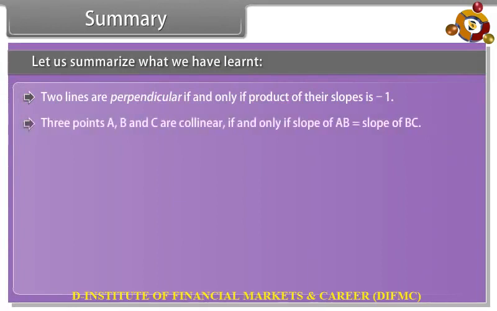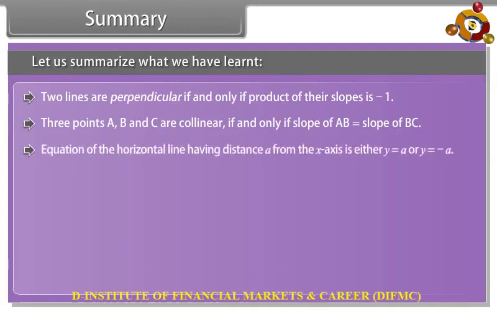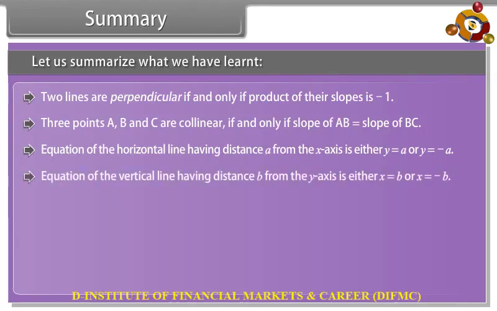3 points A, B and C are collinear if and only if the slope of AB is equal to the slope of BC. Equation of the horizontal line having distance a from the x-axis is either y is equal to a or y is equal to minus a. Equation of the vertical line having distance b from the y-axis is either x is equal to b or x is equal to minus b.